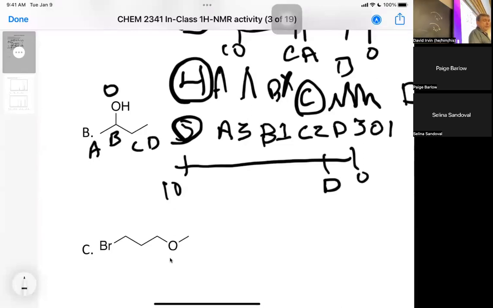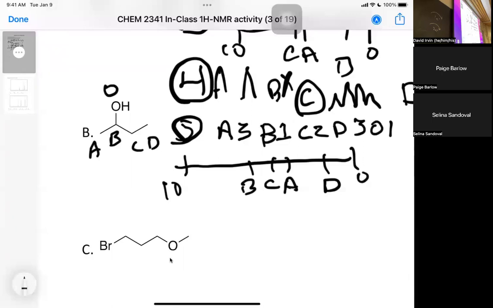Next furthest up field is going to be A, and then C close behind, and then B is going to be next. Because it's directly bonded to an oxygen, it's going to be closer to 3. The other 2 are going to be between 2 and 1, and that methyl group could be below 1.